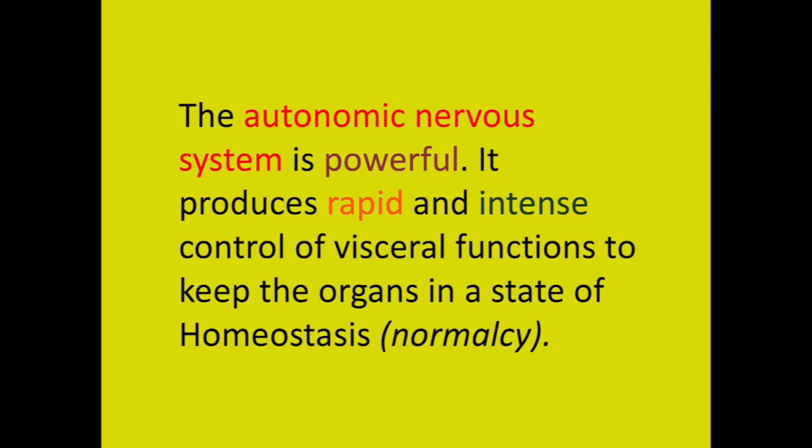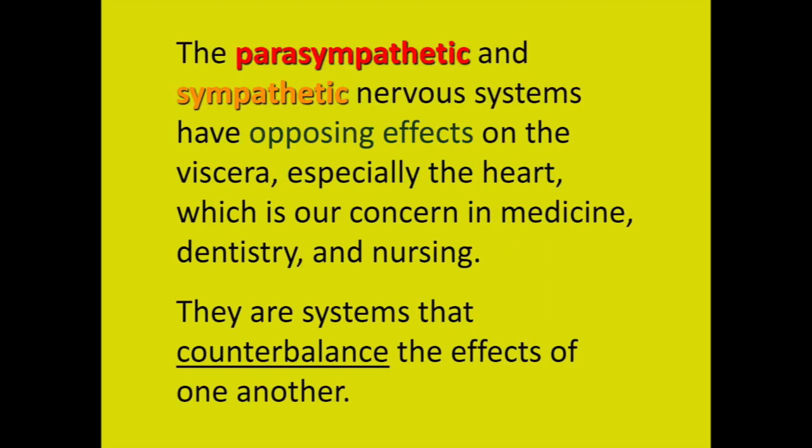It can cause a lot of changes in the heart muscle, in contraction of muscle itself, in our heart rate, all kinds of stimulation. We're going to look at the anatomy here in just a bit. These two systems work together and talk to each other to keep the organs in a state of homeostasis, or normalcy. So the two systems counterbalance each other.